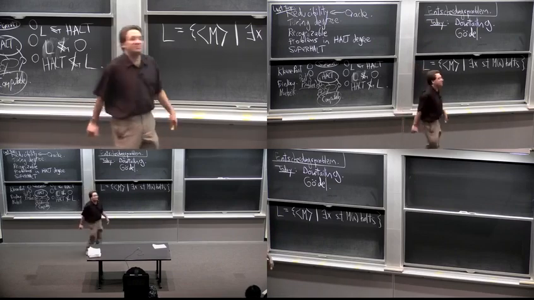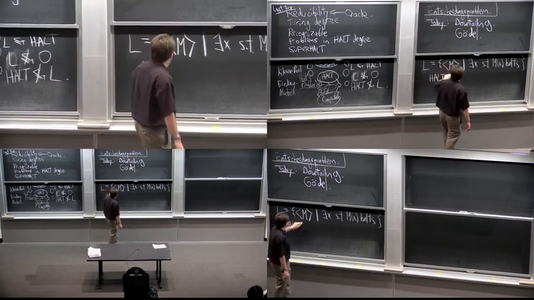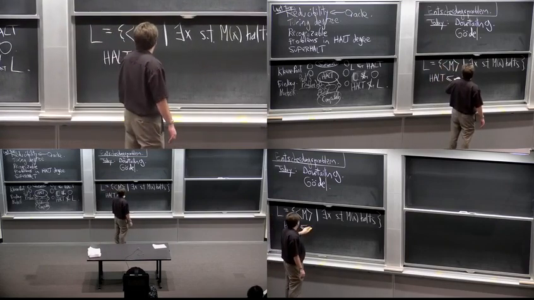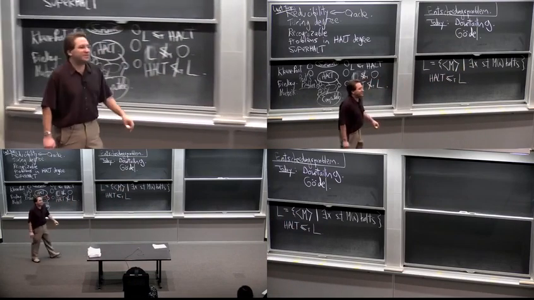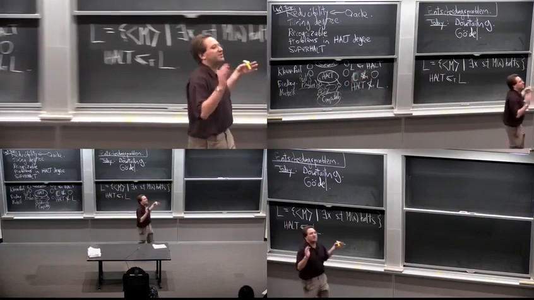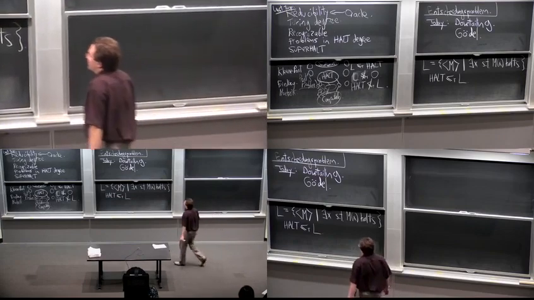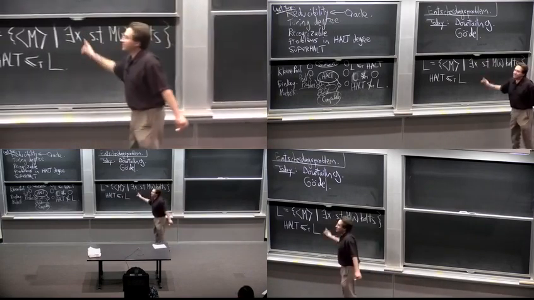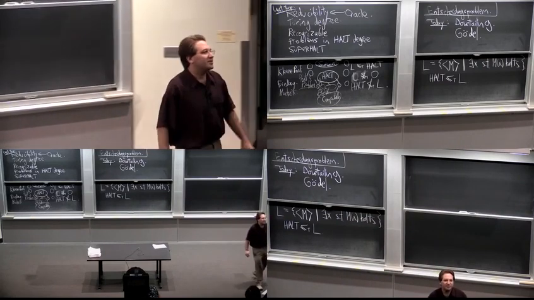It shouldn't surprise us much that this language is uncomputable. So I claim that the halting problem is reducible to L. How do we do that? Let's say I've got a Turing machine and all I want to know is, does it halt on a blank input? But now I've got an oracle for deciding this L. How do I reduce the one to the other?